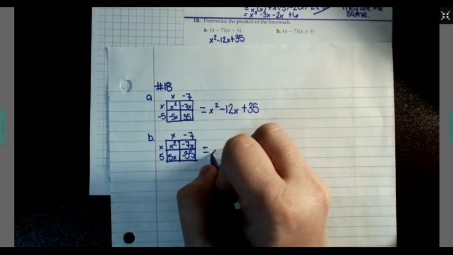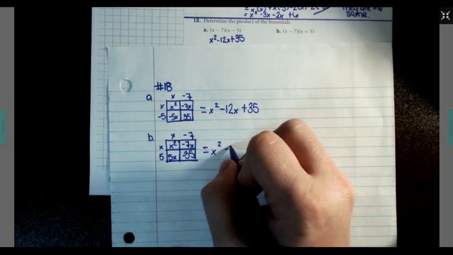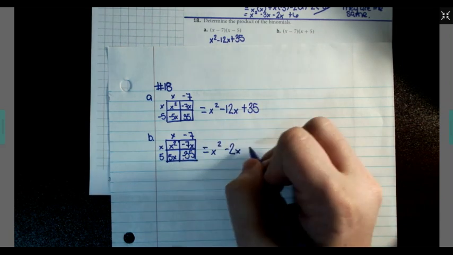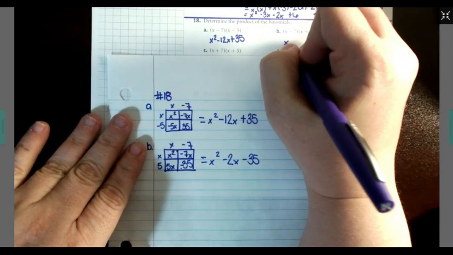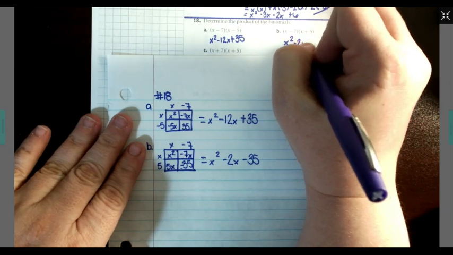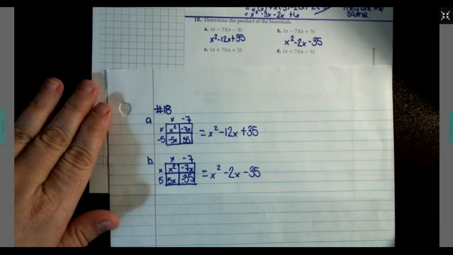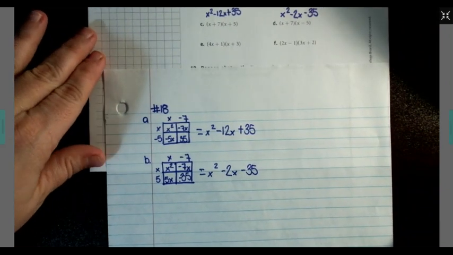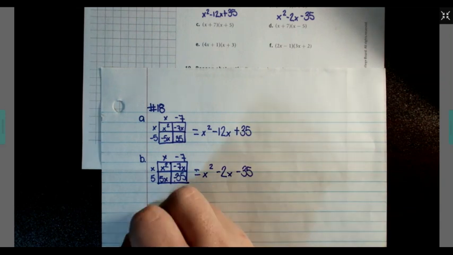So here we have x squared. -7 plus 5 is a -2x. And we have -35 here. So we have x squared minus 2x minus 35. Let's take a look at C.